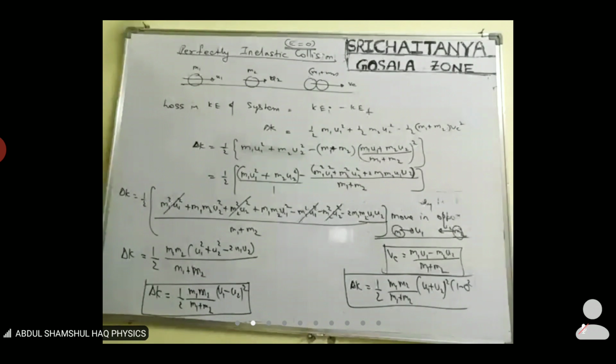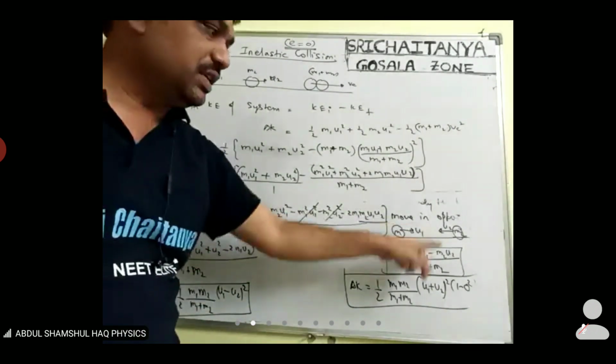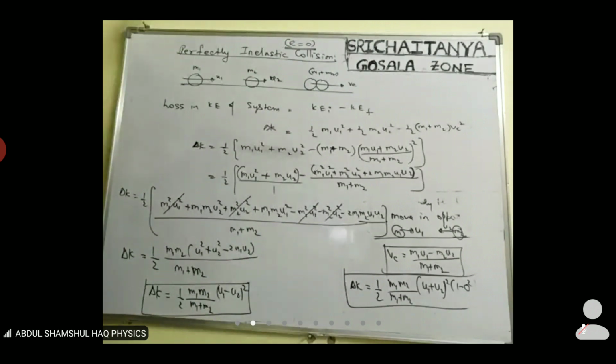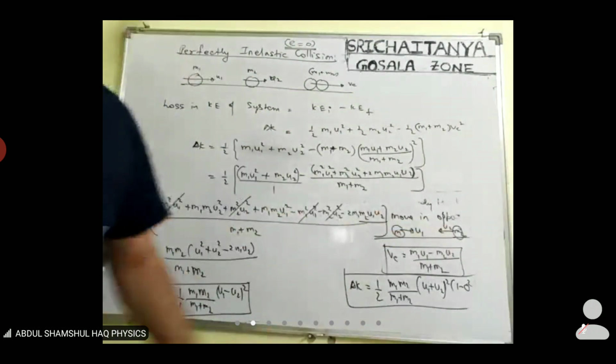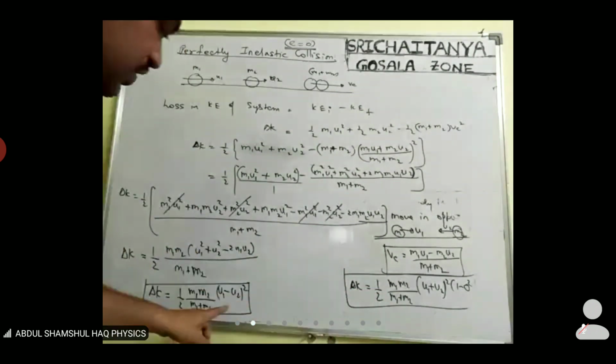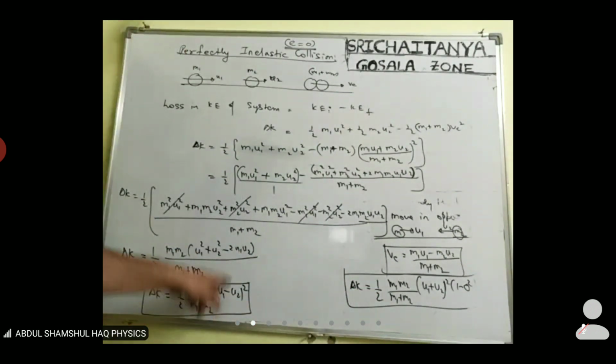Okay. Now see, students, here delta K is like this. The two bodies are moving in the same way. u1 is in this direction, u2 is also in this direction. But I said there is a minus sign here. If the two bodies move in the same direction, there is this minus.